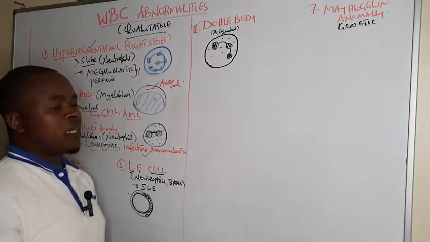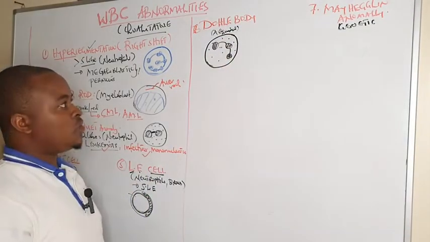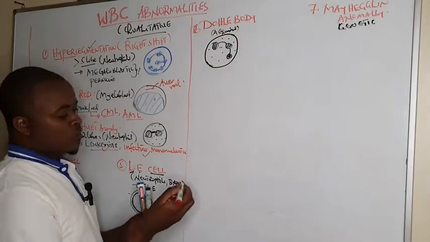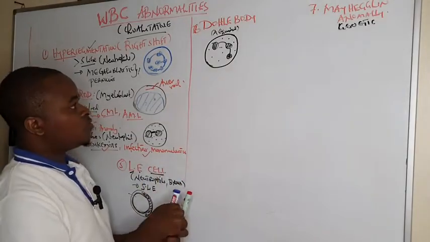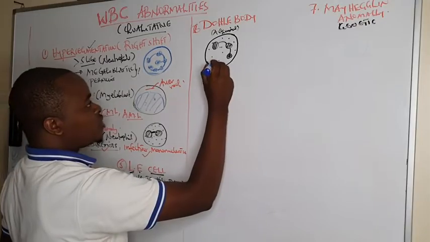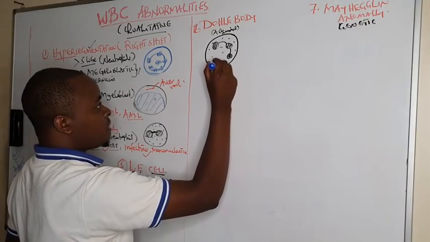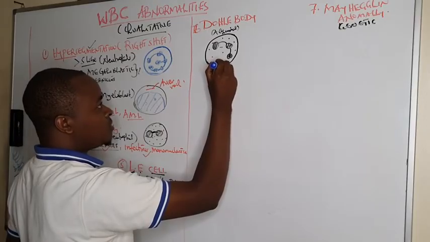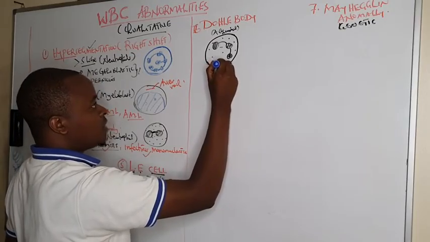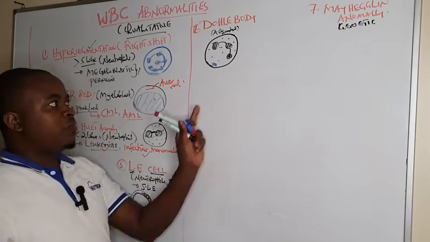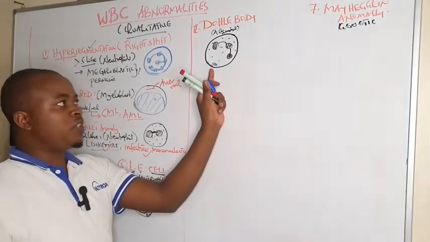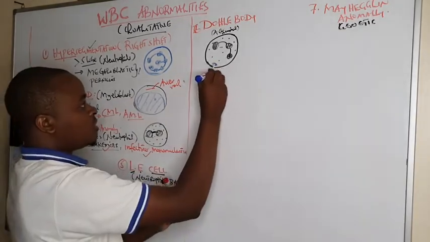A Döhle body is due to polymerization of the ribosome. It is a pale staining round body found at the periphery of a neutrophil. So this is what we are calling a Döhle body.